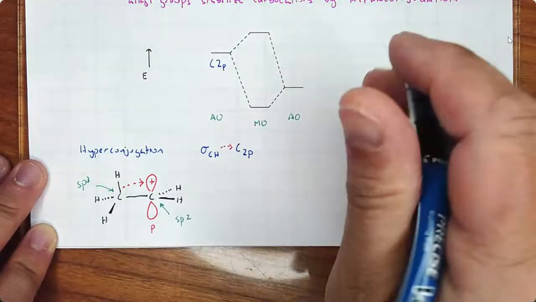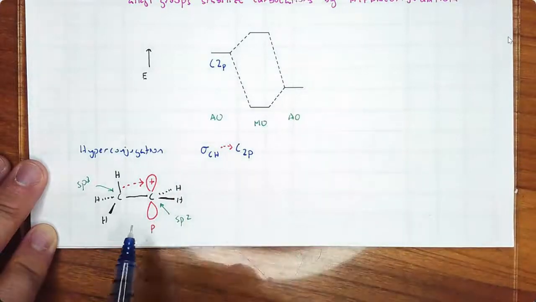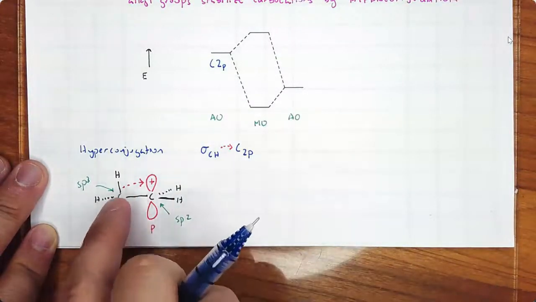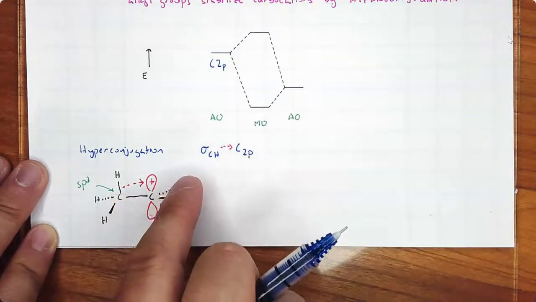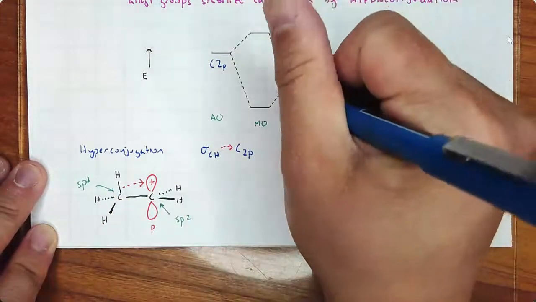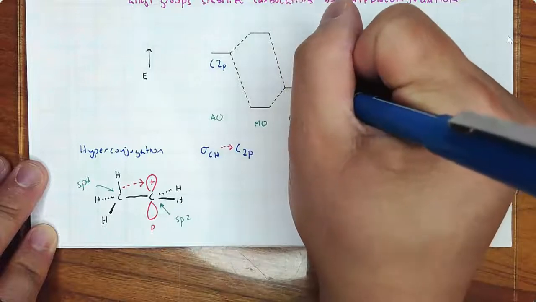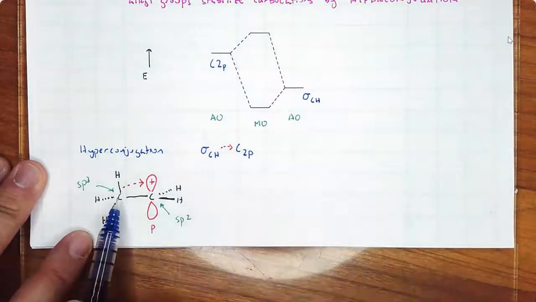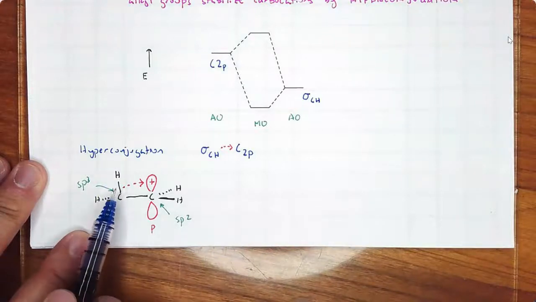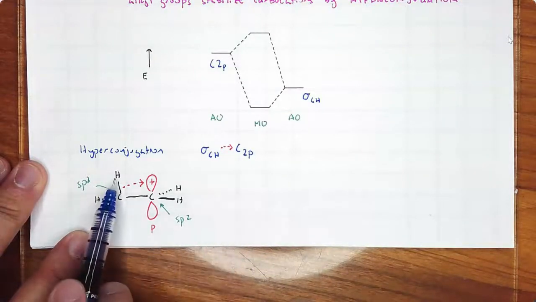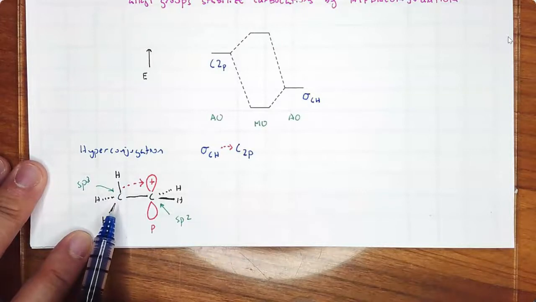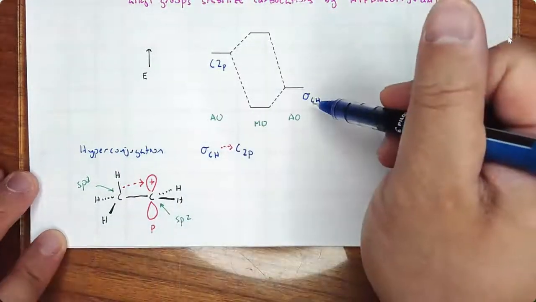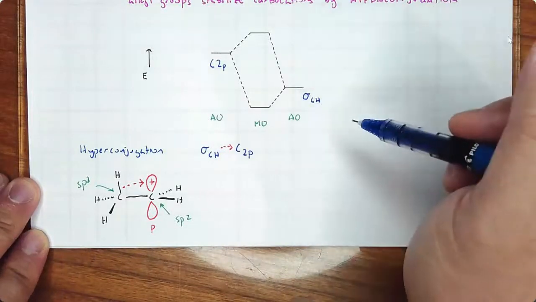Then what's lower, probably because the electrons are held closer to the nucleus, is the sigma CH bond, and we're going to label this one the sigma. You know that bond is made via a combination of the overlap between this hydrogen s orbital and this carbon sp3 orbital, and we're going to consider that as the sigma atomic orbital.